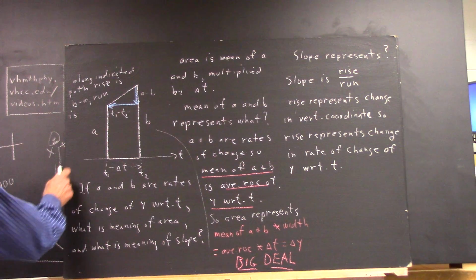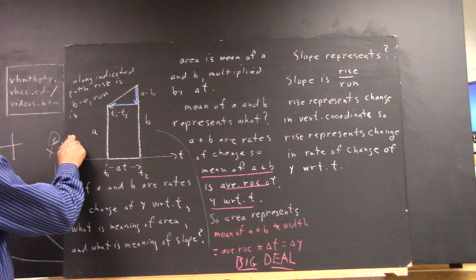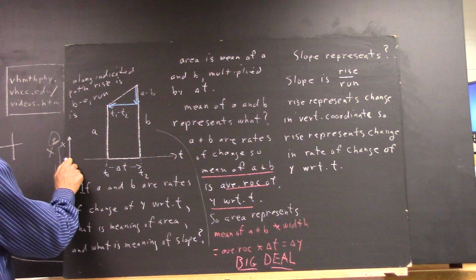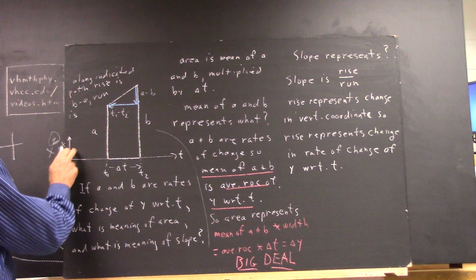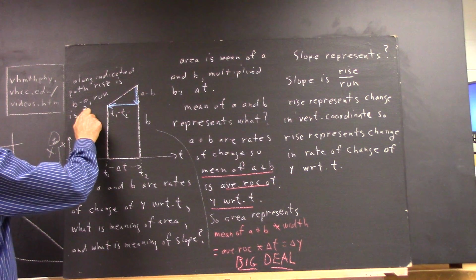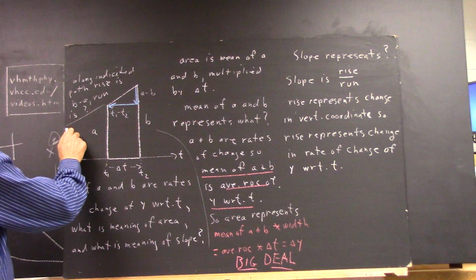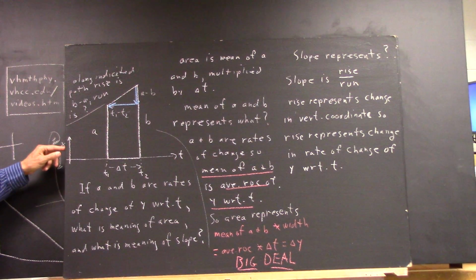Now, my vertical axis is therefore not y.